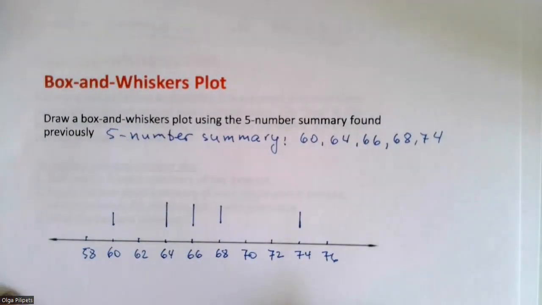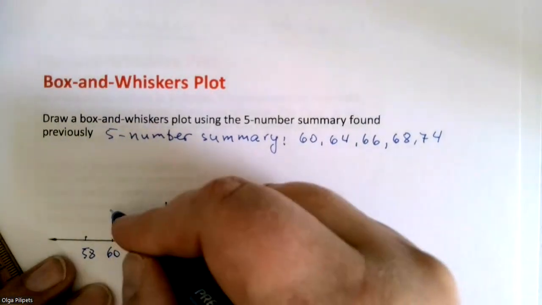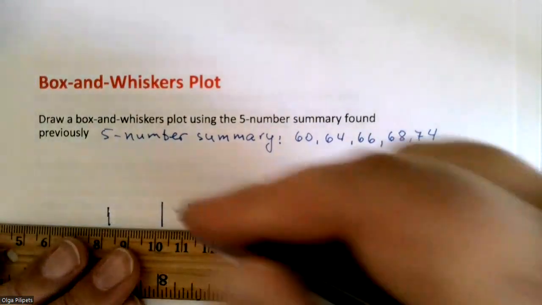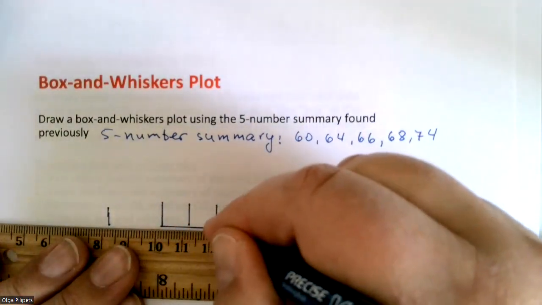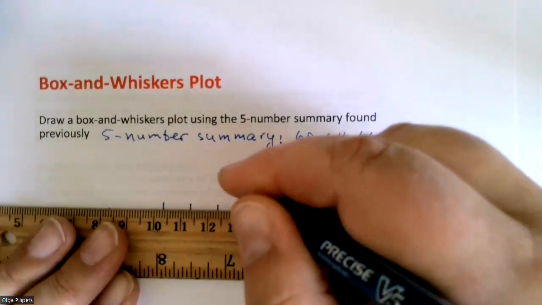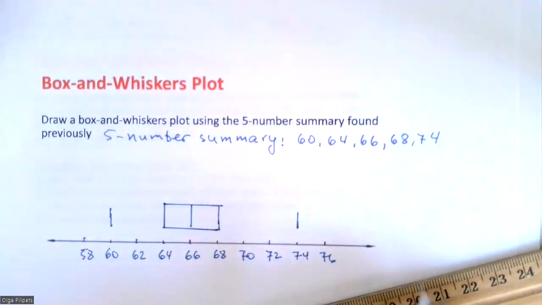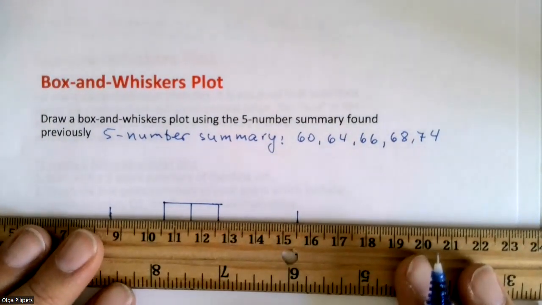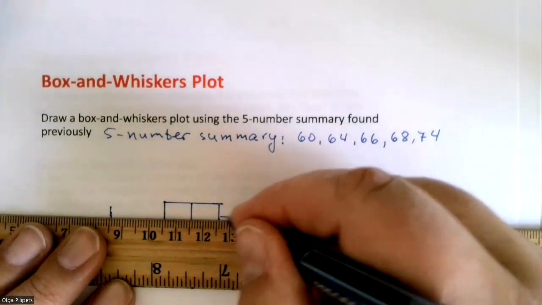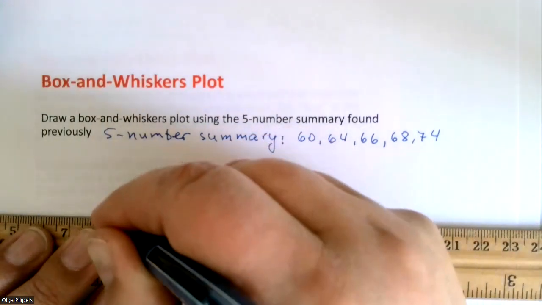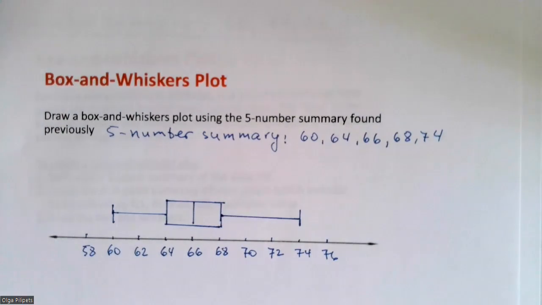So here are my main numbers, and then I'm going to create a box using the 3 ticks in the middle. And then I'm going to connect the other 2 with the whiskers. So this is my box and whisker plot for that data set.